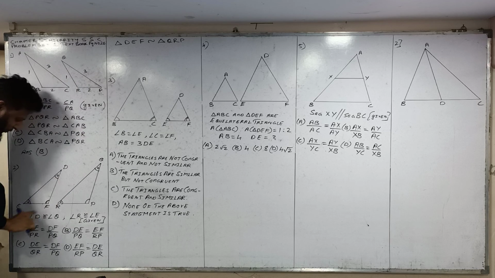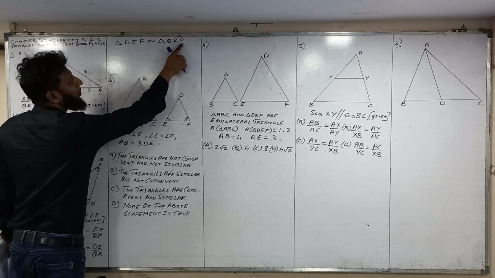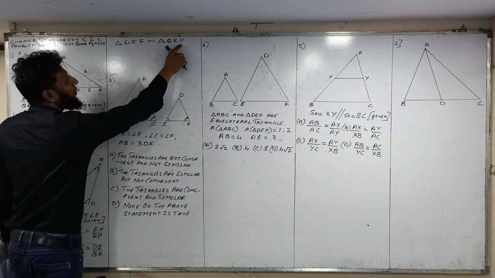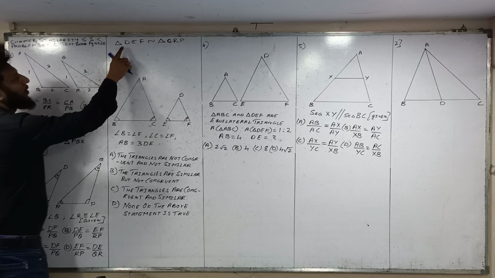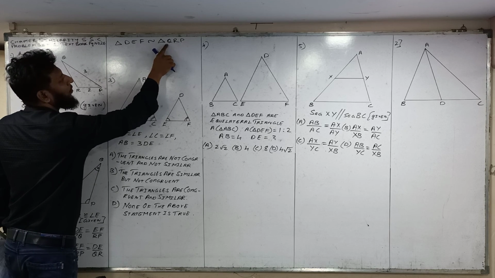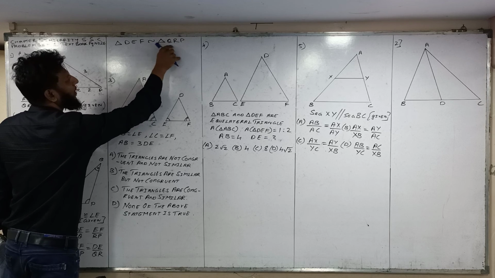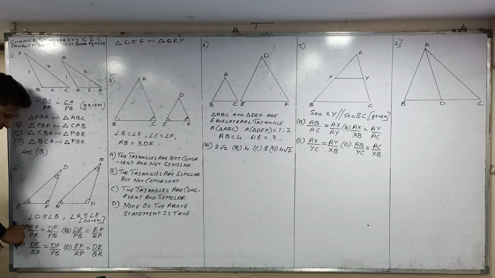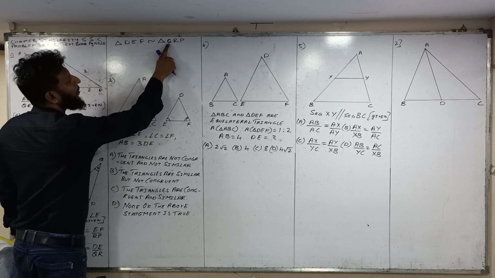Now you can see in the first, EF upon PR. EF is proportional to PR or RP, the same segment. So this is right. DF upon PQ, first and third; PQ or QP is the same segment. So this is a correct statement. See in the second one, DE upon PQ.